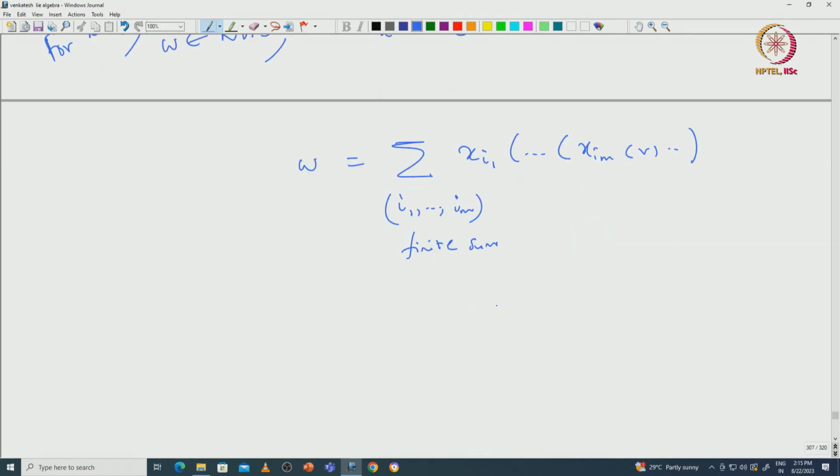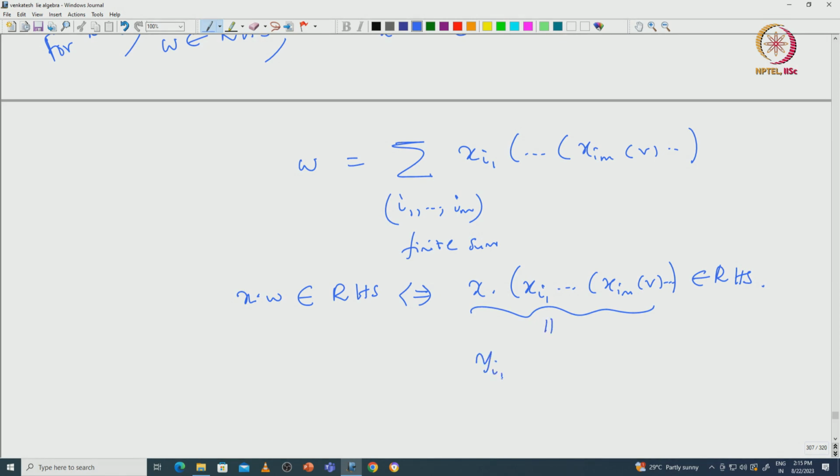So, to prove that x dot W is in right hand side, it is enough to prove that x dot x_i1 etcetera x_im of V is inside right hand side. But if you think about it, this is just a word with one extra term. Okay. This is just some y_i1, y_i2 etcetera y_(m+1) of V, where the y's are all coming from your Lie algebra.